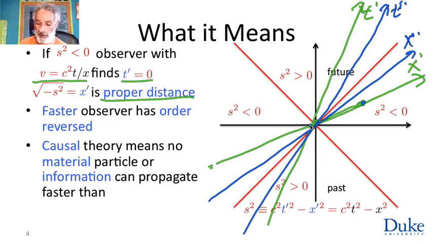So it's a darned good thing that no decision taken here could impact something that happened there, because if it could, then the blue observer would think that effect preceded cause.